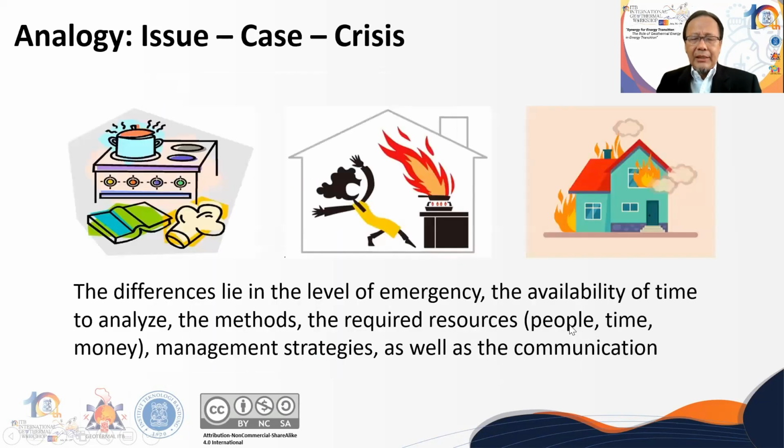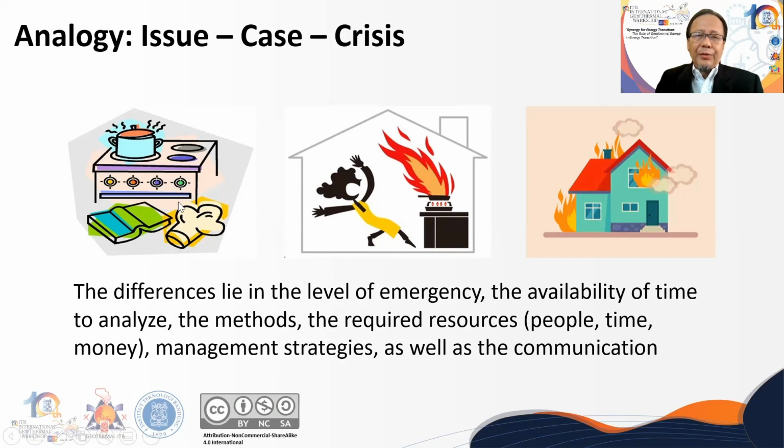I try to make an analogy for this issue. If you look at this picture, the issue is determined when everything is still in current condition, like here in the stove case.